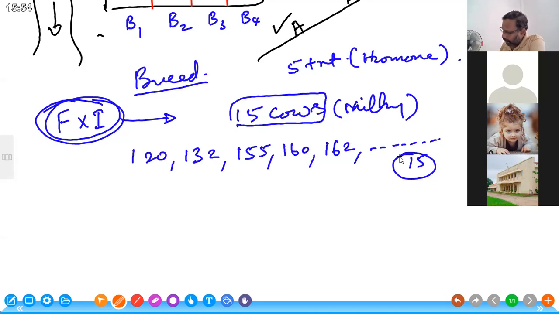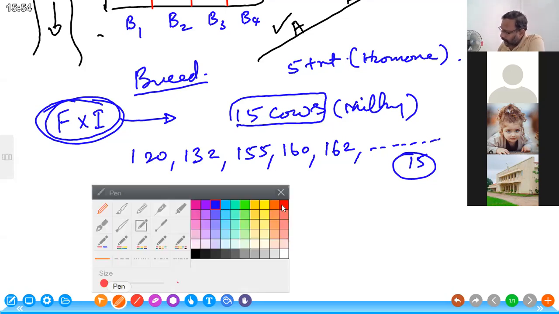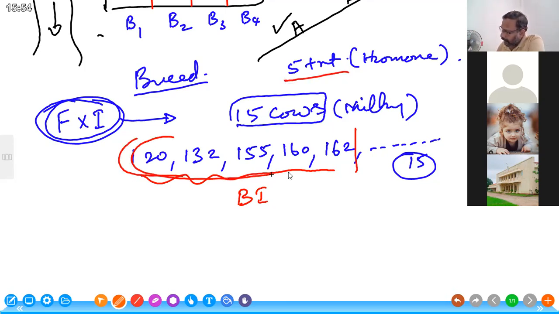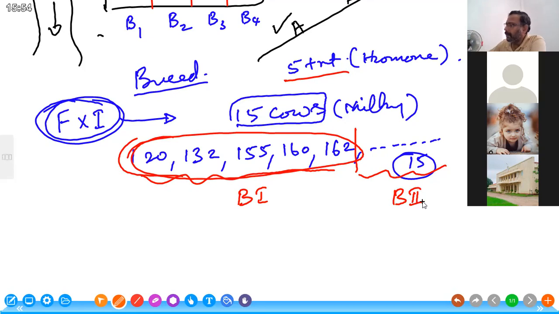Now what we have to do is block this. After putting them into ascending order, we can block the first 5 cows. So this is block 1. Why? Here I have to give 5 treatments, so I need 5 animals. Then the second one is called block 2. So how many animals are in each block? 5 animals.